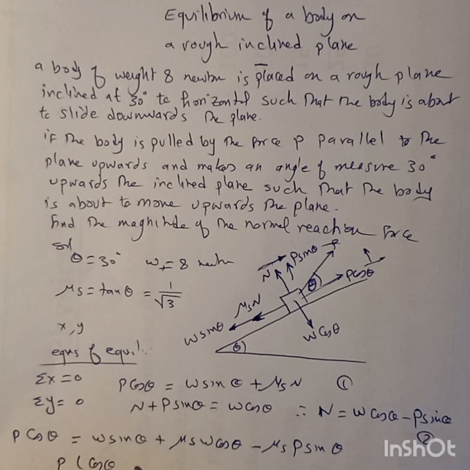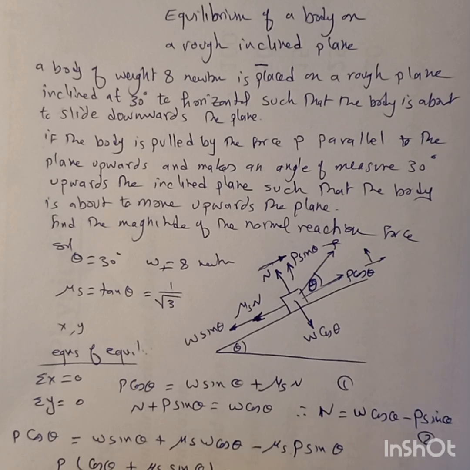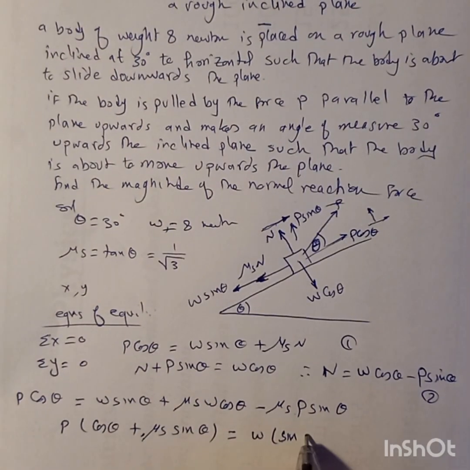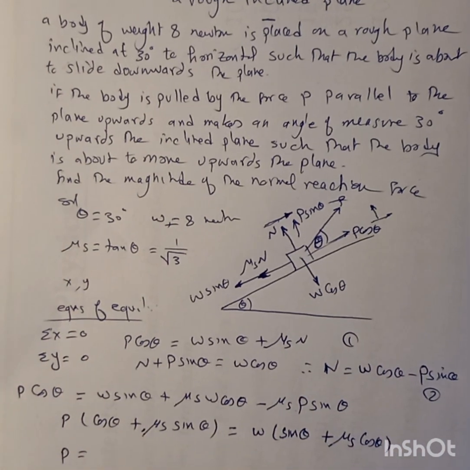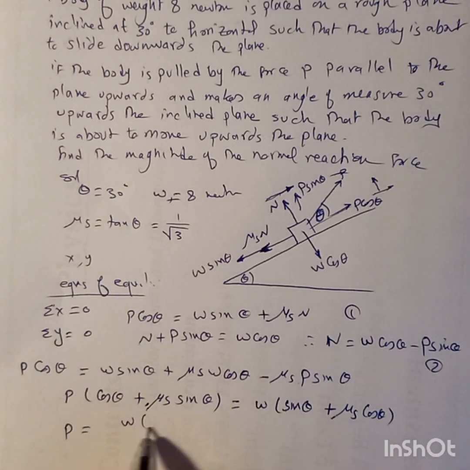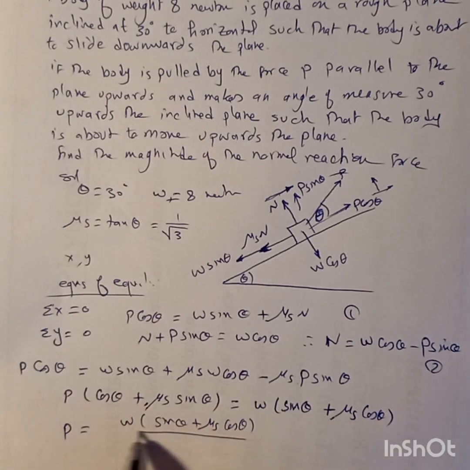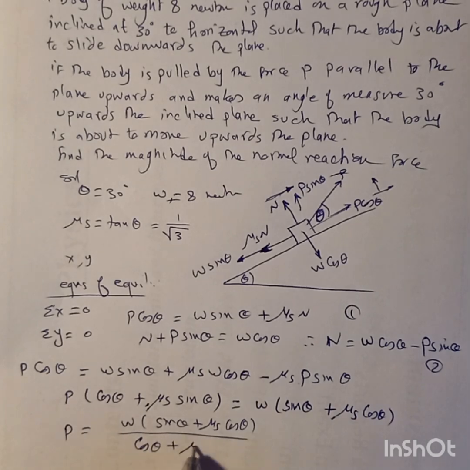We have P times cosine theta plus mu s sine theta equals W as common, sine theta plus mu s cosine theta. Then P equals W times sine theta plus mu s cosine theta, divided by cosine theta plus mu s sine theta.